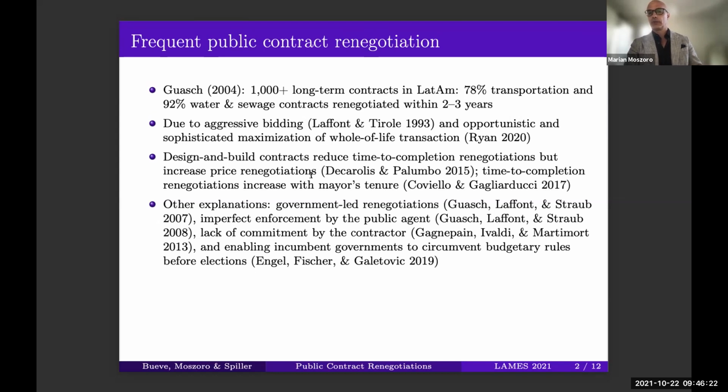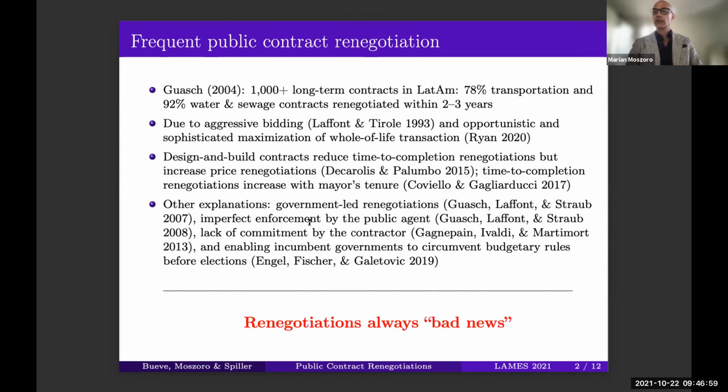The literature has identified that the renegotiation of public contracts happens because of aggressive bidding to win the contract, and then once you secure the contract, you can renegotiate, holding up the public sector; or a trade-off between time to completion and price renegotiations; or more renegotiations the longer the mayor is in office, which probably shows collusion. In any case, bottom line, renegotiations in the public domain are always bad news.